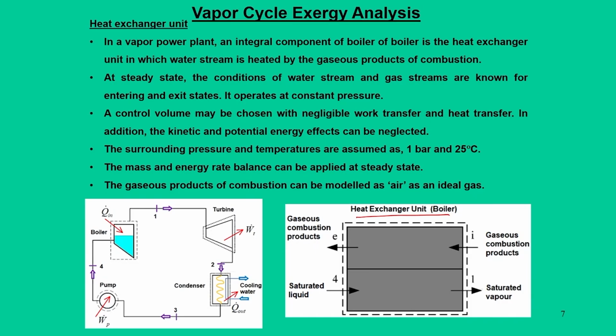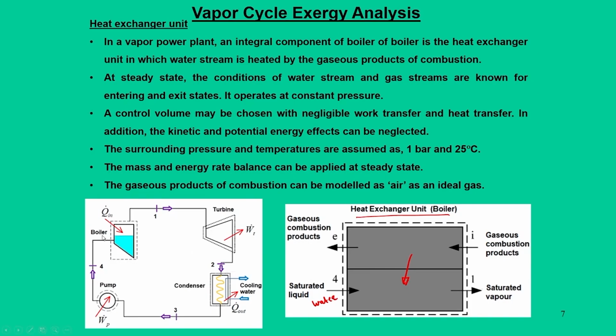By burning this we get gaseous products of combustion, whose temperature may be very high, and that enters the boiler unit. The only difference is that it operates at the boiler pressure, and when it enters it gives heat to the working fluid of this vapor power cycle, which is nothing but liquid water entering in a counterflow arrangement in this manner.